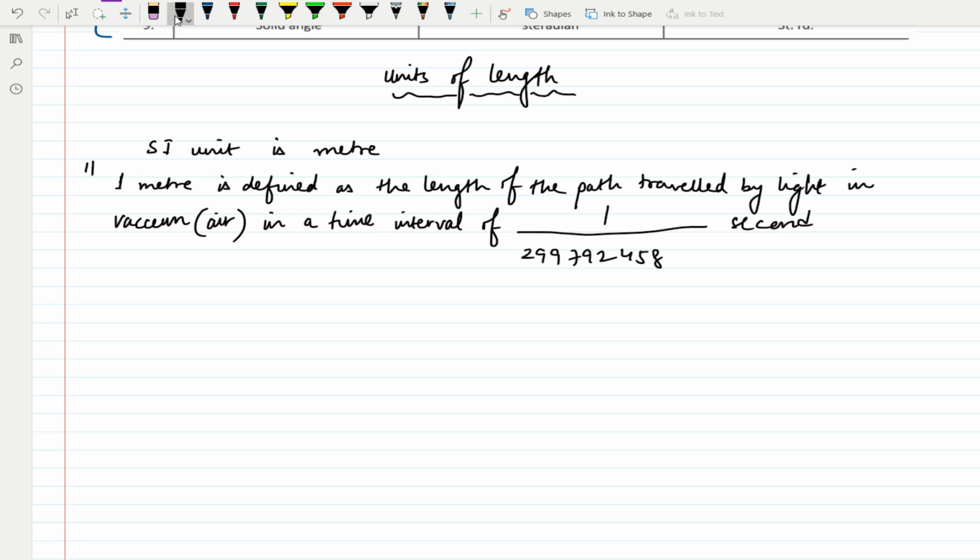This is the actual definition. If you are asked to define meter, this is what you are going to write.